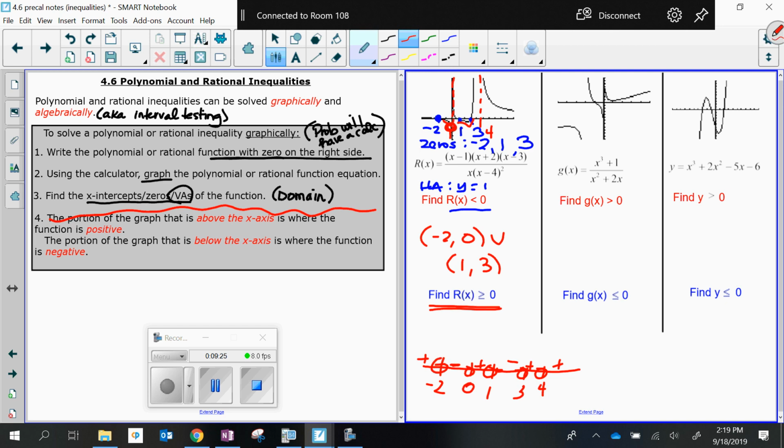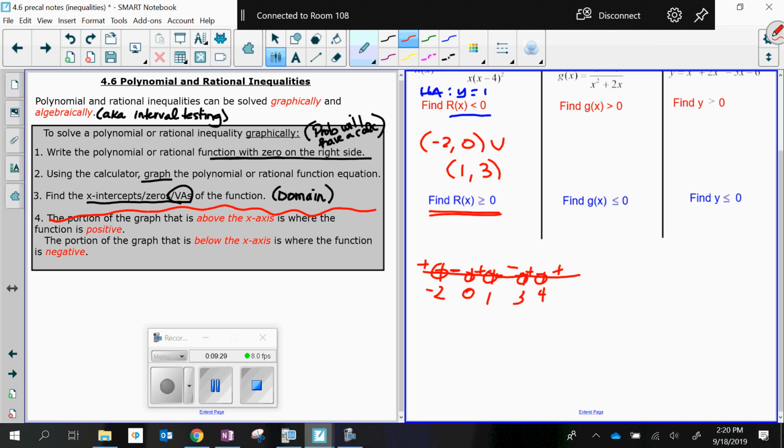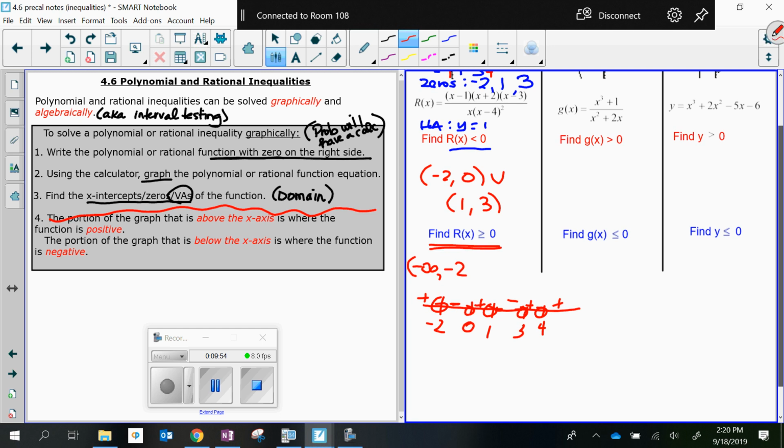Where are we, Marcella? This part is, I'll start you off. Negative infinity to, wait, you want to skip over this guy? Oh, no. And are we going to include -2? Why not? Yeah.